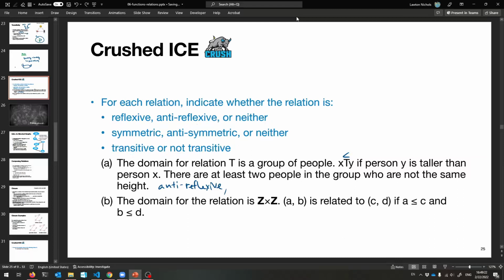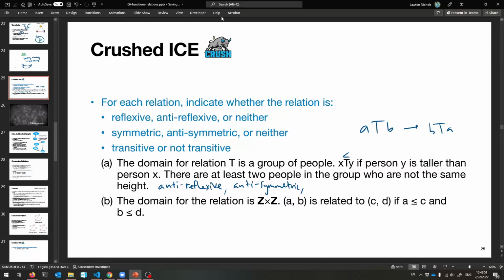If you know that person A is taller than person B, does that imply that person B is also taller than person A? No, that's actually never true, right? So that is anti-symmetric. Yeah? All right, final one.